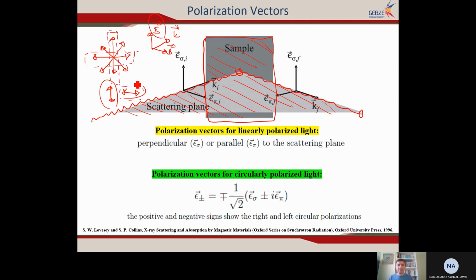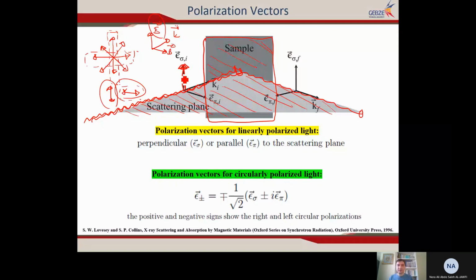So here we have incident photon. It comes with some certain angle to the sample surface. And here we have electric field component of the light, which is perpendicular to the scattering plane. Perpendicular to the scattering plane. Okay, this perpendicular component is shown by this E sigma.